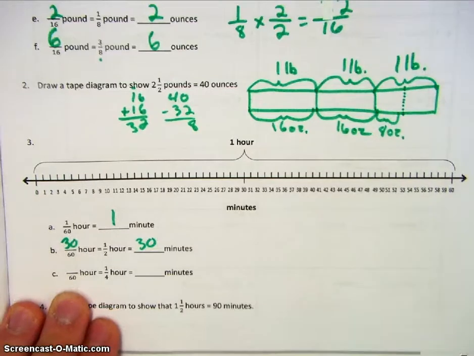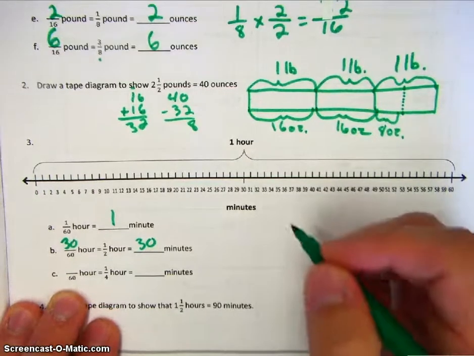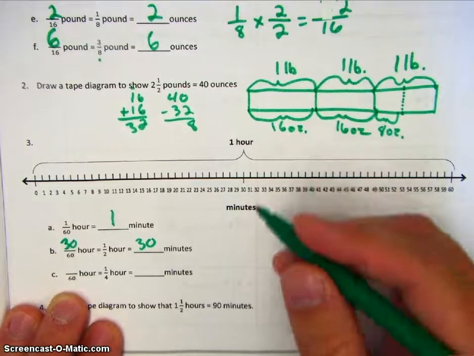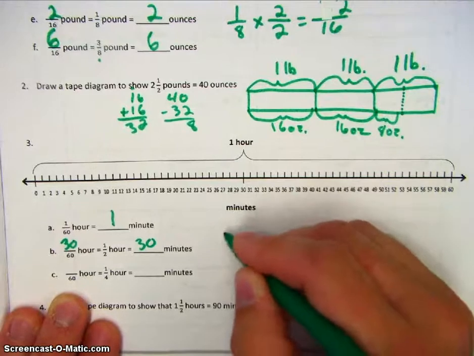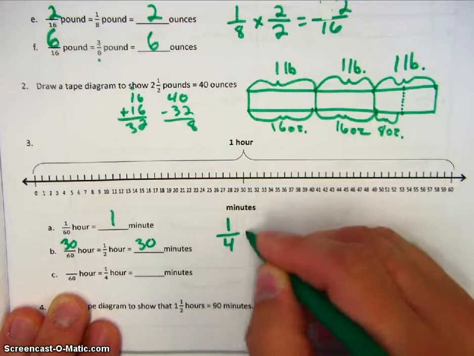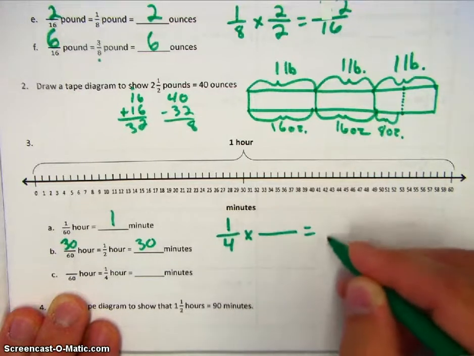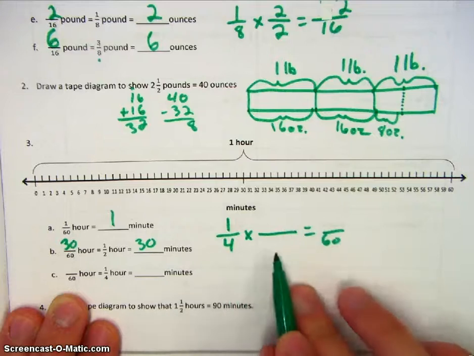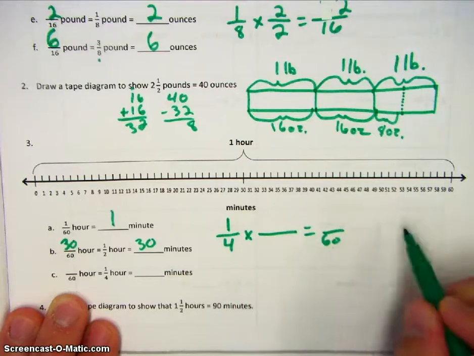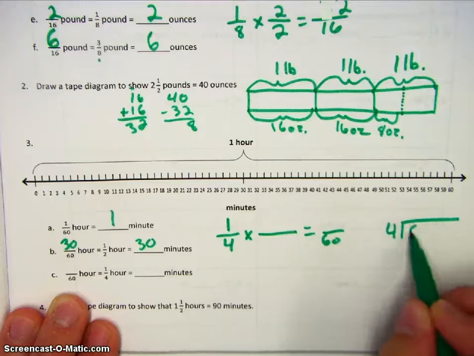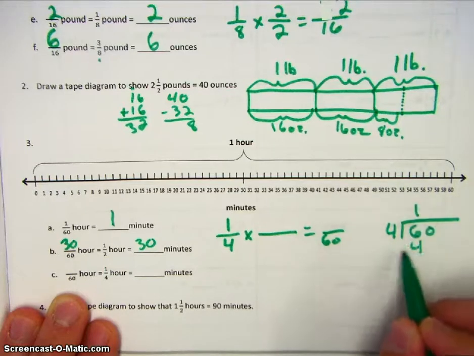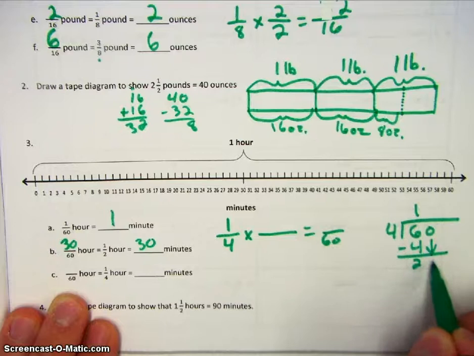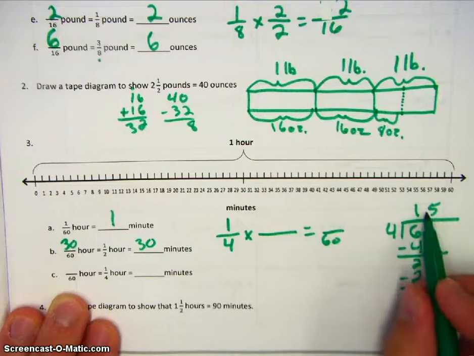Okay. Now this next one's a little bit trickier, because we need to know what's 1/4 of an hour. So we think 1/4 times something to get us our 60 minutes. So we need to figure out 4 times what is 60. If we do some quick division, if you don't know this already in your head, we can divide this out to see that there's 15 minutes.